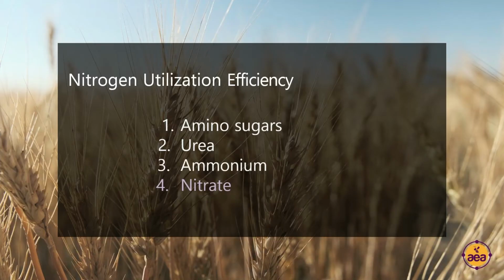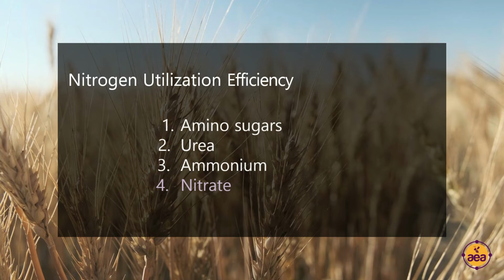All right, let's talk a little bit about which forms of nitrogen to apply and how to manage them. So when we consider the plant's nitrogen utilization efficiency, we have four different forms of nitrogen. The most efficient form is listed here as amino sugars, but it should actually say organic nitrogen, because organic nitrogen includes amino acids, amino sugars, peptides, proteins, etc., and bacterial cells.